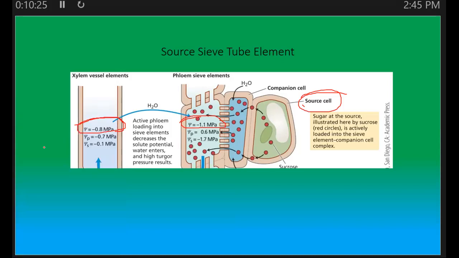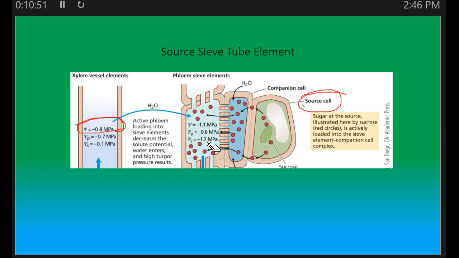So it's kind of this domino effect, like playing dominoes where you make them tip and they bump into each other. So when you have the sugar getting loaded, you have your psi sub S getting more negative. More sugar, more negative psi sub S. That's driving your overall water potential more negative.